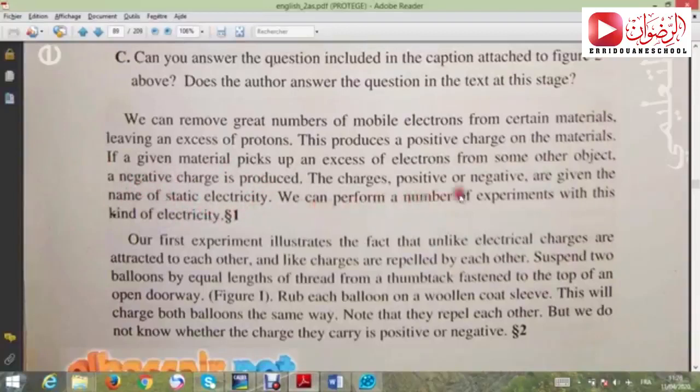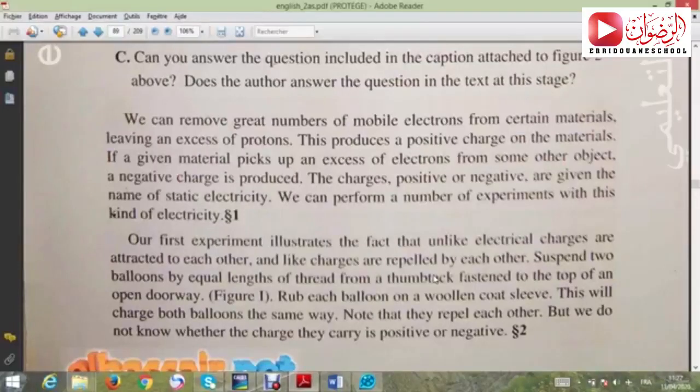We can perform a number of experiments with this kind of electricity. Our first experiment illustrates the fact that unlike electrical charges are attracted to each other. So we stop here. If one balloon is positive and the other is negative, they attract each other.